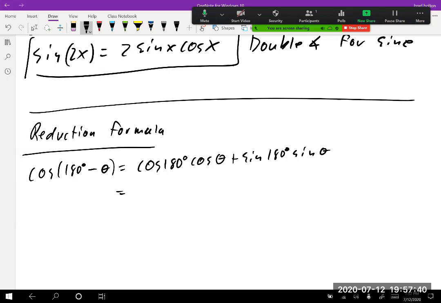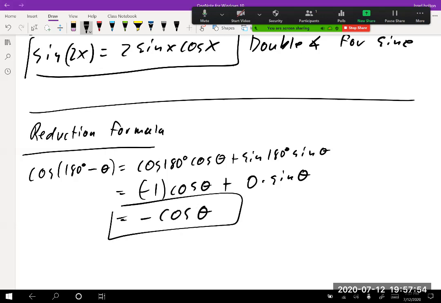Now we know the cosine of 180 degrees is -1 times cosine theta plus the sine of 180 degrees is actually 0 times sine theta. So this is actually negative cosine of theta. So if you ever want to find the cosine of 180 degrees minus some angle, you could just say that it's negative cosine of whatever that angle is, because of the relationship of cosine and how it works with 180 degrees. Okay.